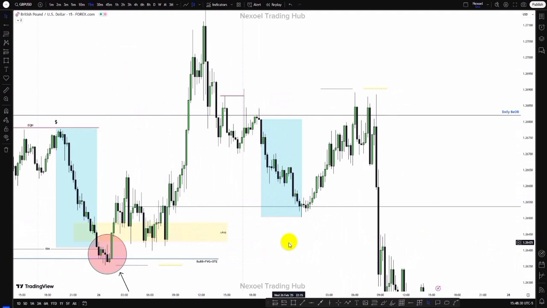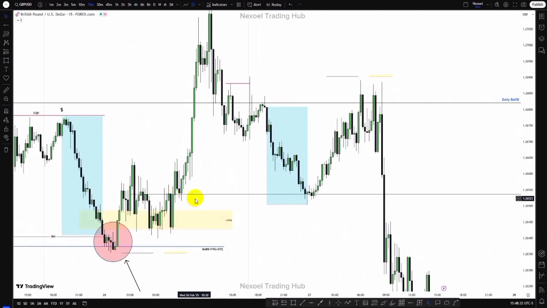Asia session. Price returned, mitigating the zone identified from the 4 hour, because we can see inducement, engineered liquidity here in the 15-minute time frame. So if price seeks orders, then we should see the possibility of a reaction. And this is in confluence with an unmitigated mitigation block from the 1 hour time frame.